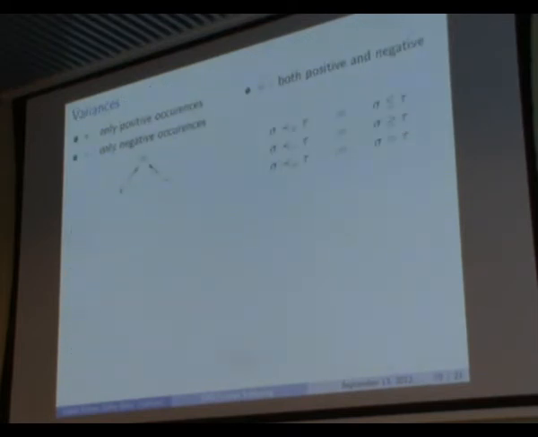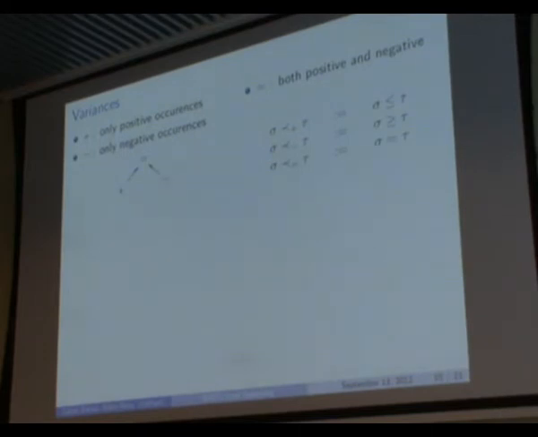So first, variances. I suppose you are familiar with covariance, invariance, and contravariance. They form a lattice in the sense that invariance is more restrictive than covariance and contravariance. And they have obvious associated relations. So I have this relation for some variance, which is either smaller than, bigger than, and equal.